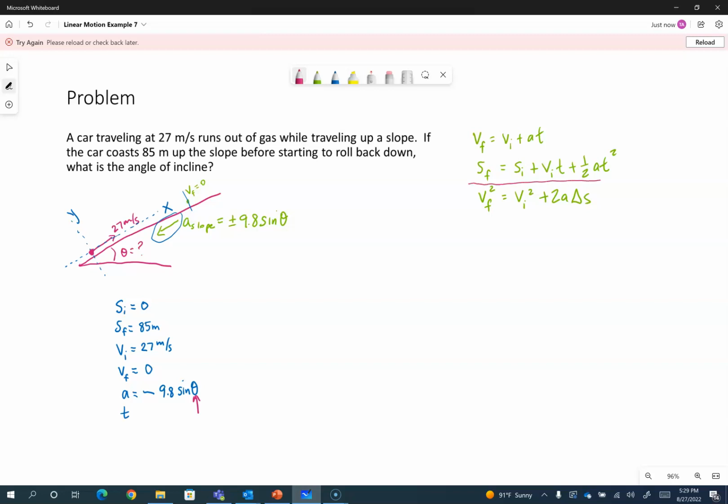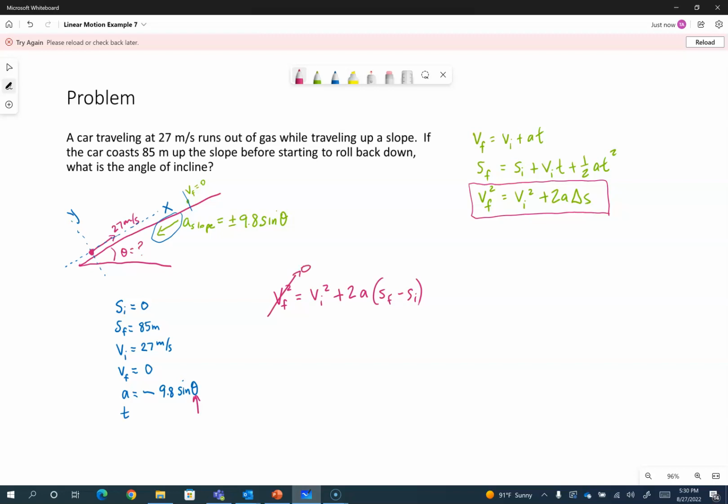If we're not given time, I often like to try the kinematic equation that doesn't have time in it first. So again, I would write it out, just saying this is the equation I'm going to try. It's totally okay if it doesn't get me anywhere, but it should. So let's see.